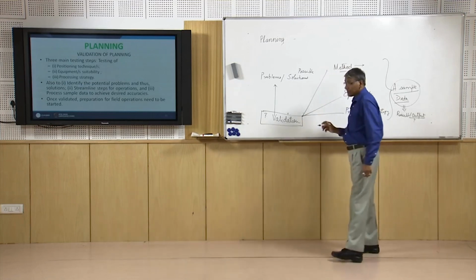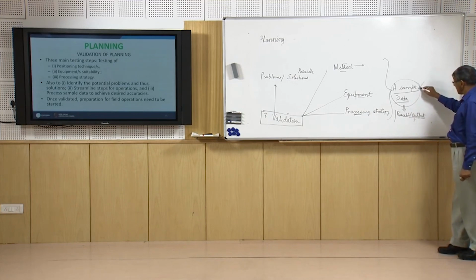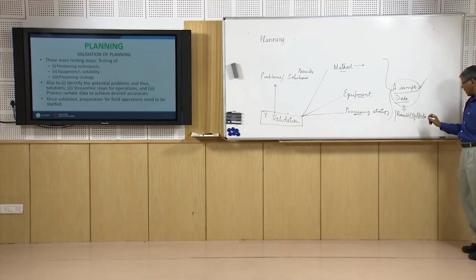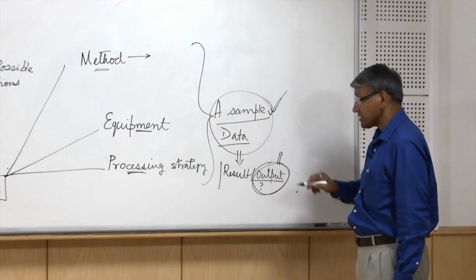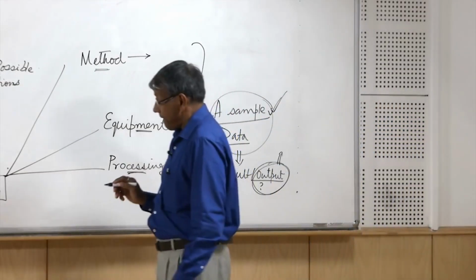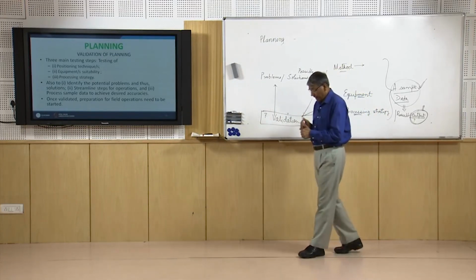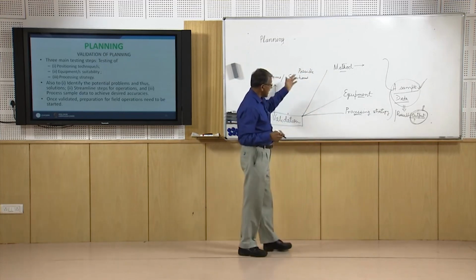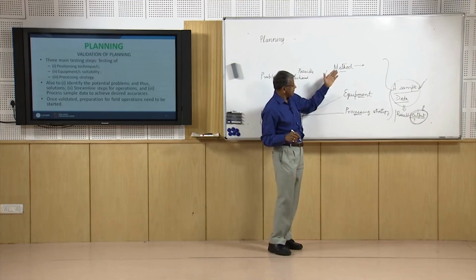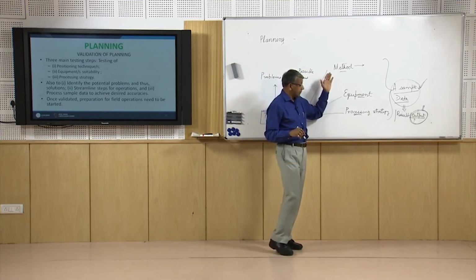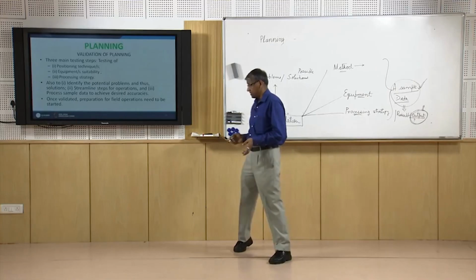So, finally we have to process the sample data and see whether the output is meeting the standard specification or not. If it is not, then we have to change our planning process and redo the thing iteratively, so that our method, equipment and processing strategy lead to a final output which is of standard specification.